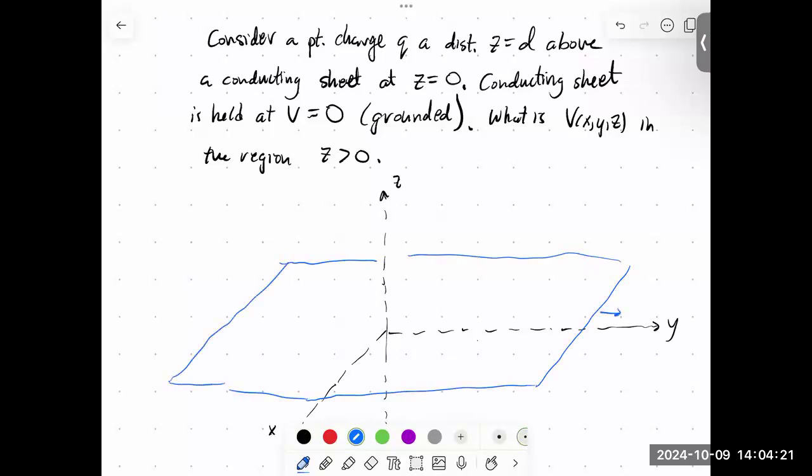I can't draw an infinite plane, so I'm drawing a piece of it. These arrows mean that it extends out and fills the whole XY plane. Then our point charge Q sits over here, a distance D up the Z-axis. Maybe we could just emphasize that the potential is 0 here in this blue plane.